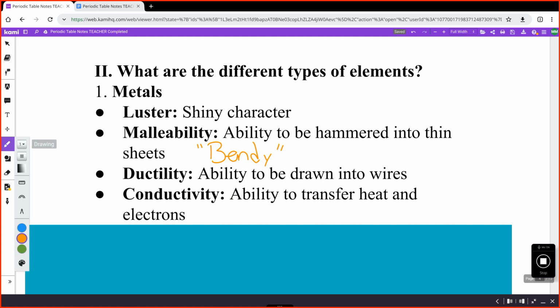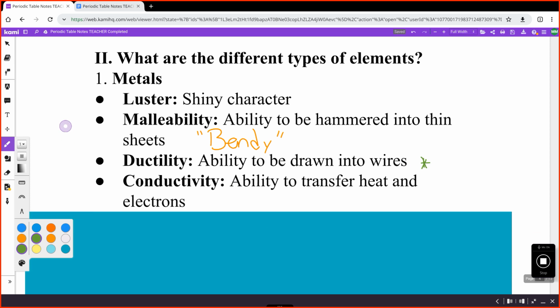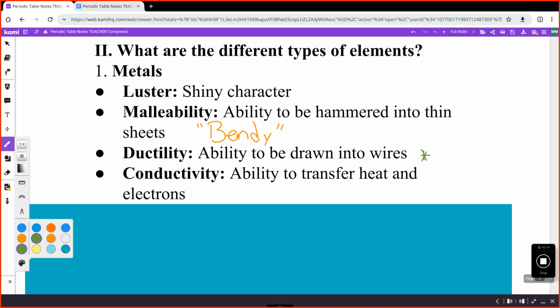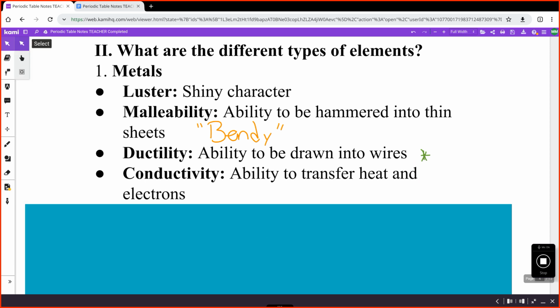But because they also conduct electricity. And there would be no point in making metals into wires if they couldn't transfer heat and electrons. So conductivity is another main characteristic of a metal.